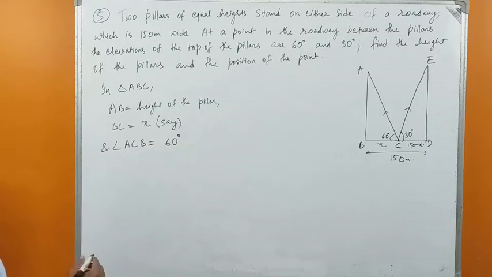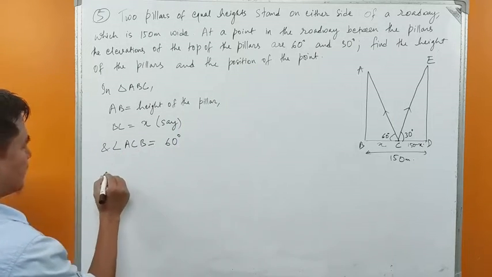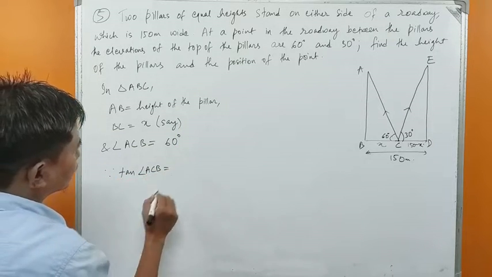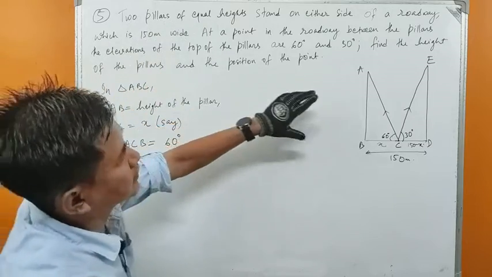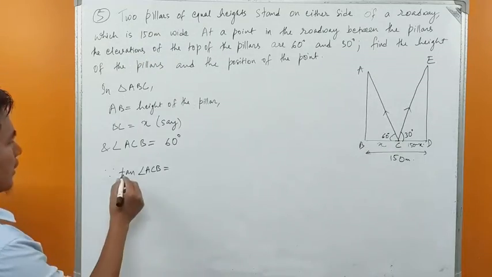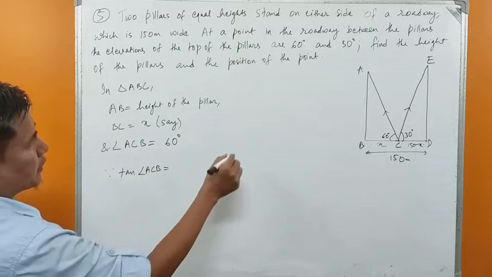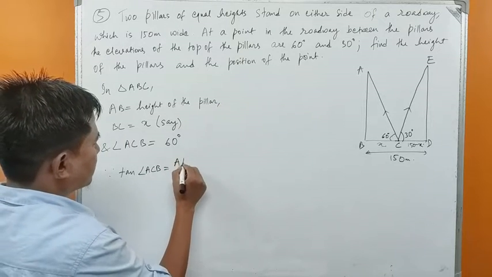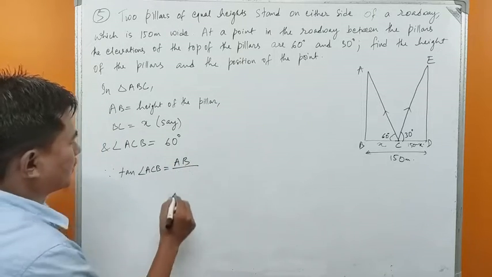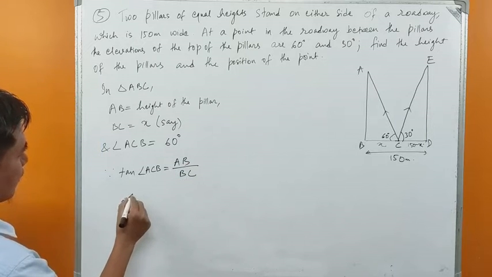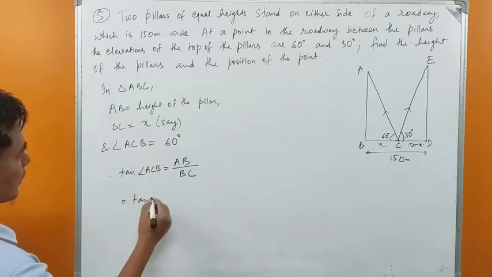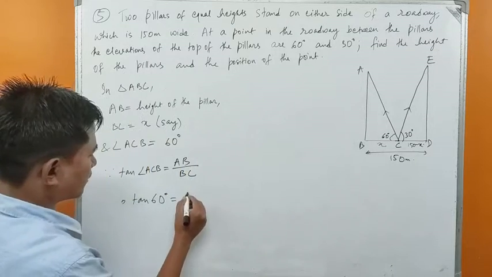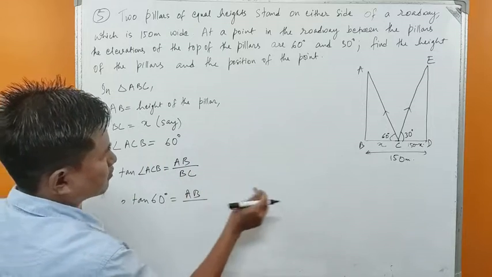So let us apply tan theta and find AB. Since the two pillars are of equal heights, tan of angle ACB equals perpendicular AB by base BC. Tan 60 degrees equals AB by BC, and BC is x.